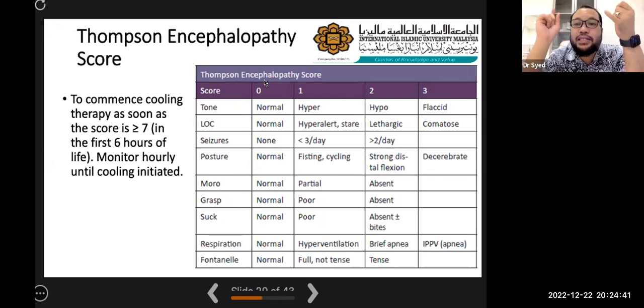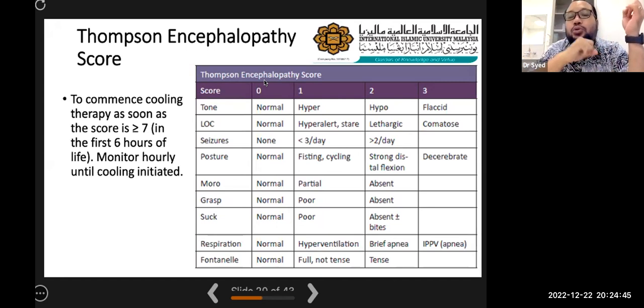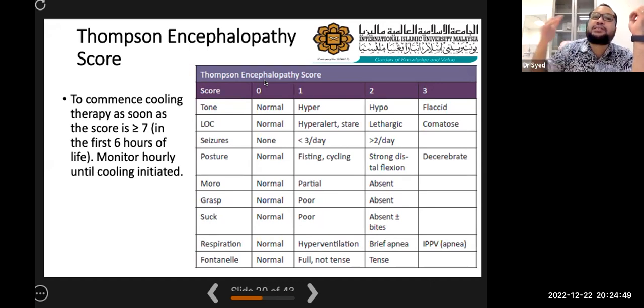Maknanya bila kita nak initiate treatment, bila kita nak start treatment dengan cooling therapy tu, depends on your Thomson encephalopathy score. And masa kita continue treatment pun kita assess masa treatment tu using the Thomson encephalopathy score. So Sarnat useful untuk initial and useful untuk prognostication. Thomson useful untuk treatment and management.